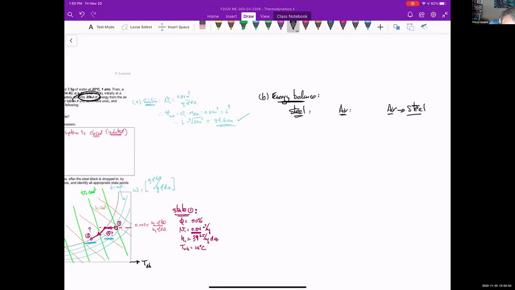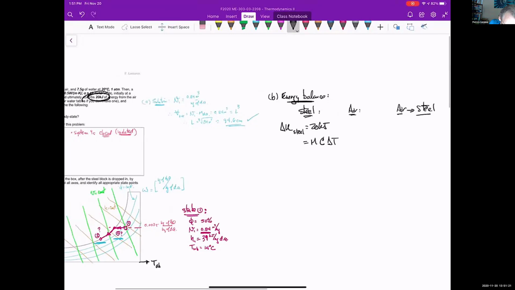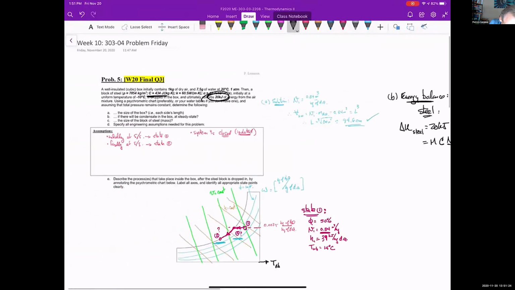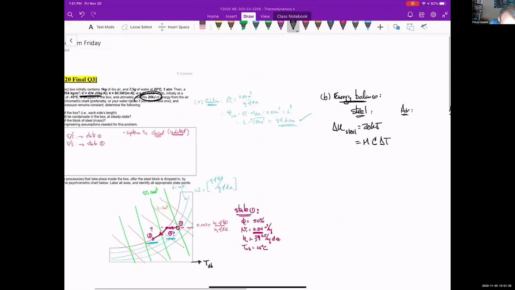For the steel alone, we know that the total change in energy of the steel is equal to 20 kilojoules. That's given to us. And that's equal to the mass of the steel times the specific heat of the steel times the change in temperature of the steel. What do we know about the steel? Well, the properties are given to us, so we know c.